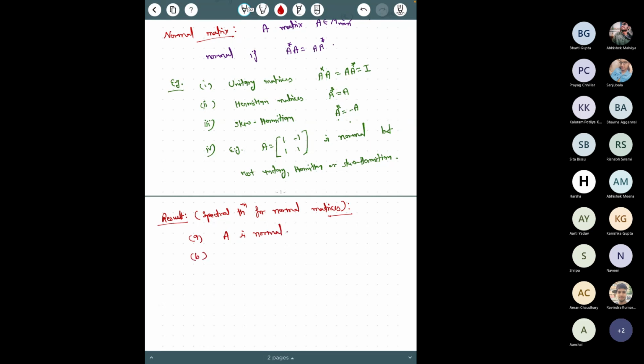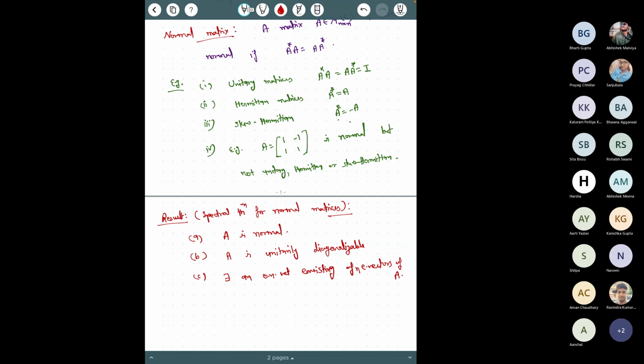Second one is A is unitarily diagonalizable, and the third one is there exists an orthonormal set consisting of n eigenvectors of A.